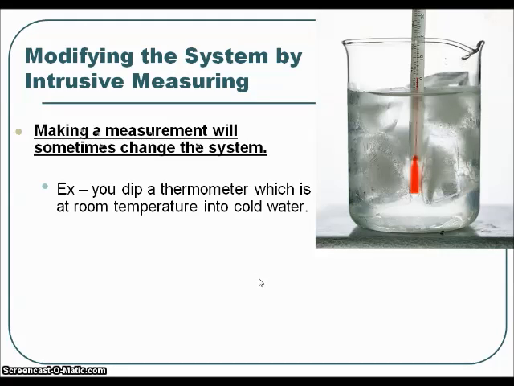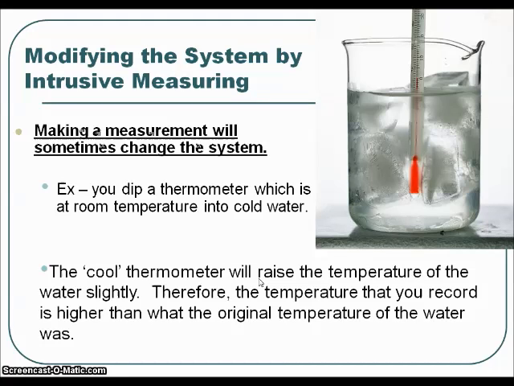I dip it into the cold water. Well, I've actually just changed that water. My thermometer is warmer, and so just the actual glass part of the thermometer is going to add energy to that water. So I've actually changed the temperature of that cold water by sticking the thermometer in it to measure it. That's probably not a huge amount, but nonetheless, it's a source of experimental error.